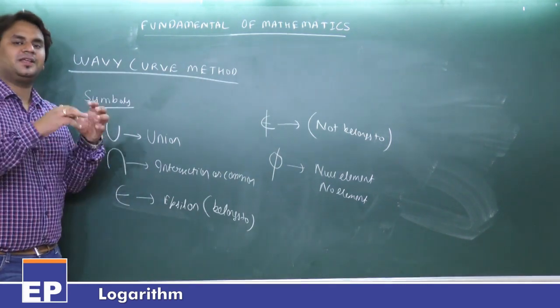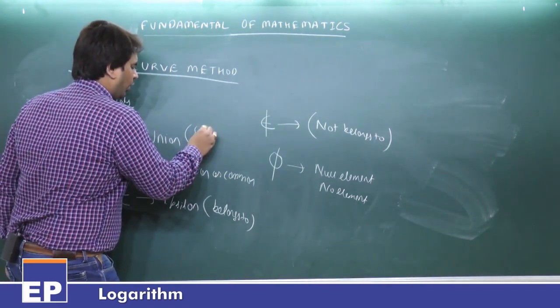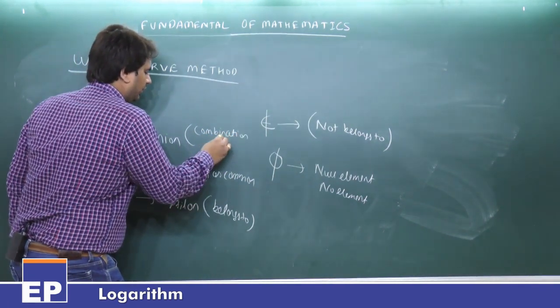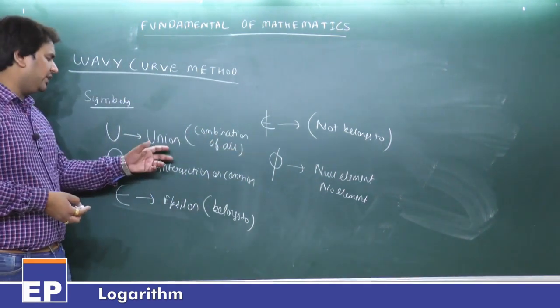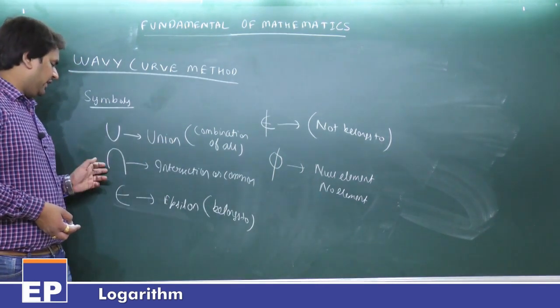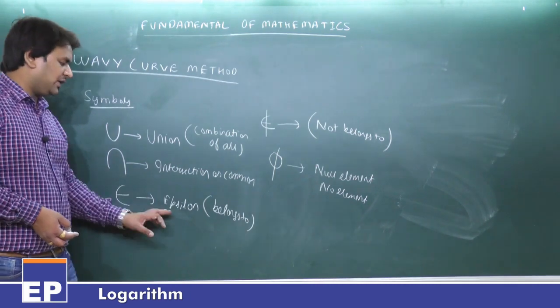The reverse of U means intersection, or common. This is the simple way to learn it.